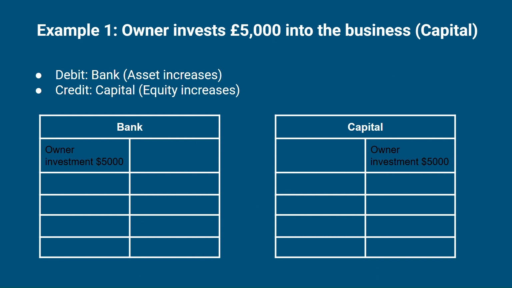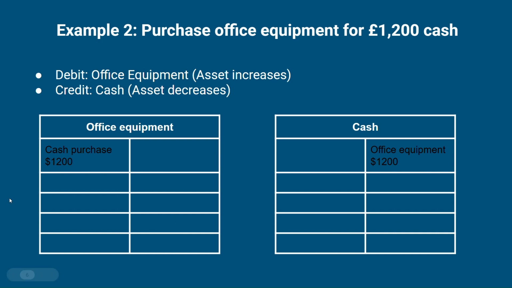So, here we have to debit the office equipment, with the detail cash purchase, $1,200 or pounds, and then we have to credit our cash because we are losing cash.